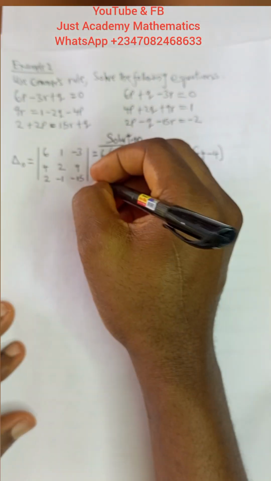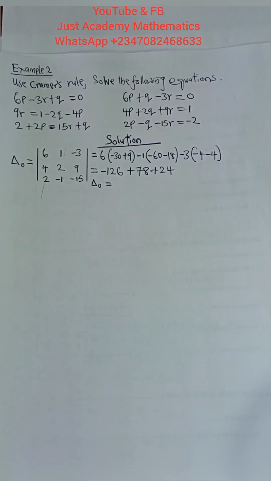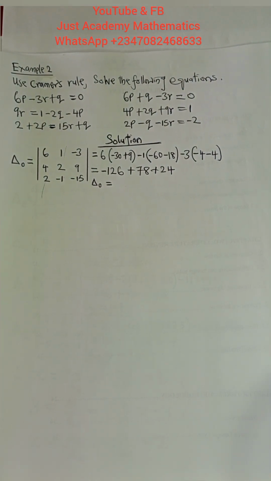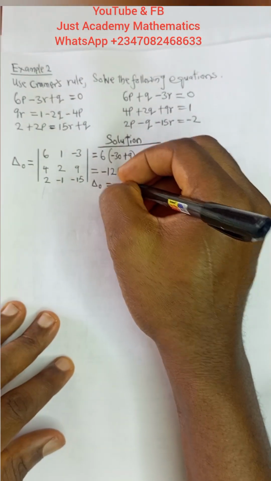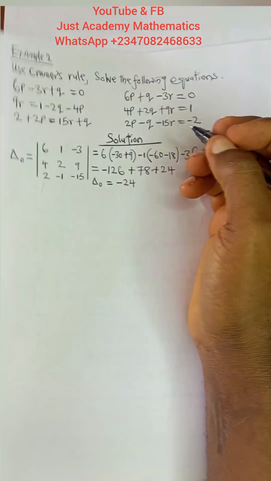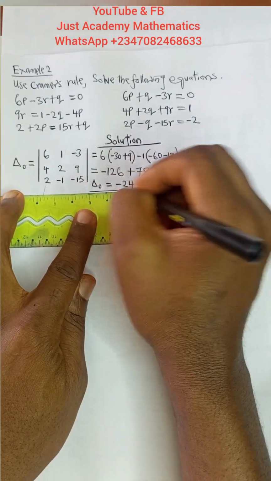So you notice that change in 0 will now be equal to 24. You check that in the calculator: 24 plus 78 minus 126 will give us negative 24. That is change in 0. So change in 0 is -24.